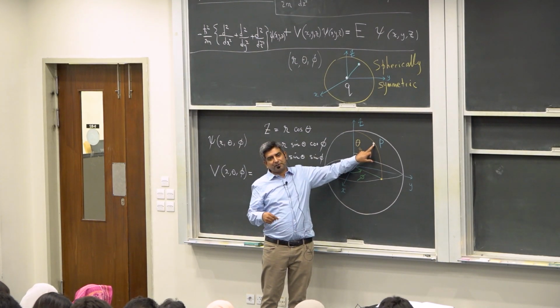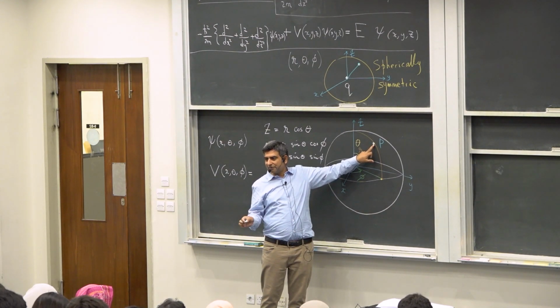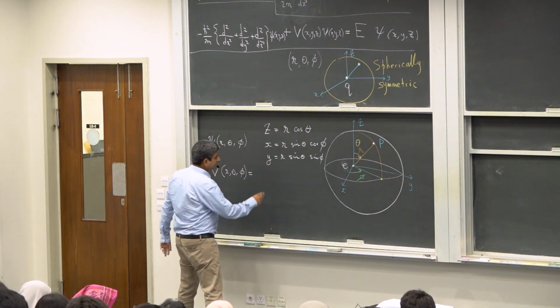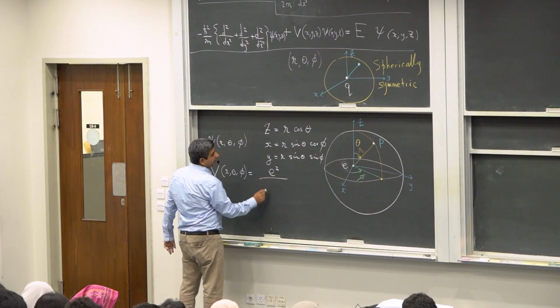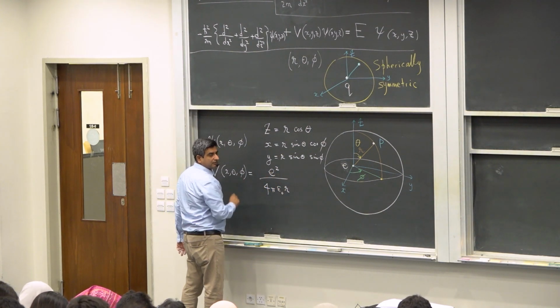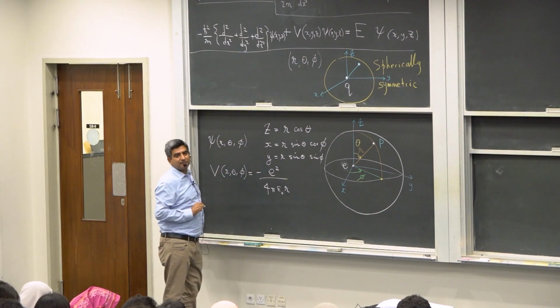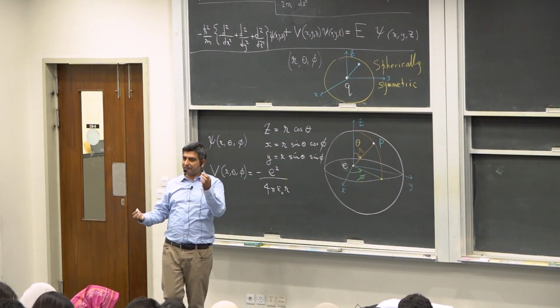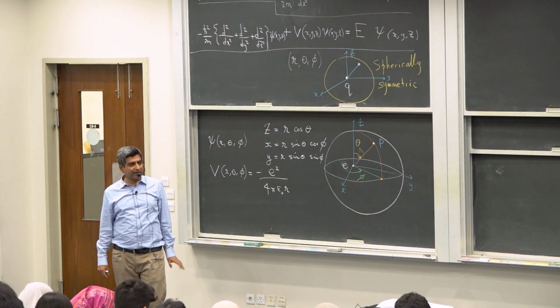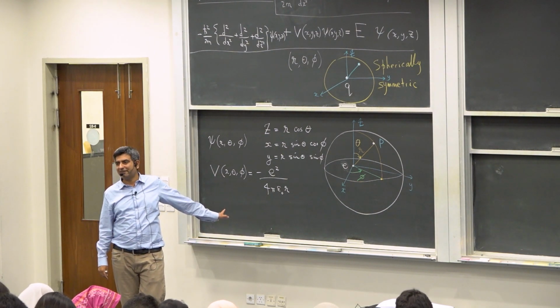You multiply the two together, e square over 4 pi epsilon naught r square gives you the force and r gives you the energy. So I have e square over 4 pi epsilon naught r with a minus sign because we have a positive and a negative charge. Okay, got it? Is this clear?